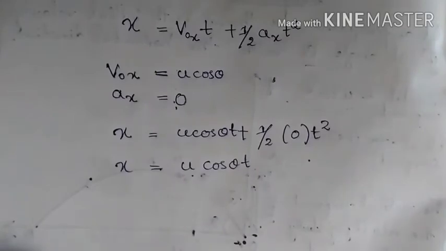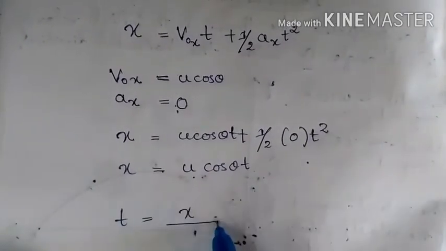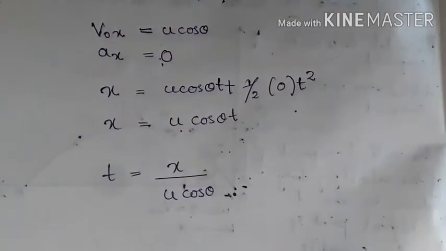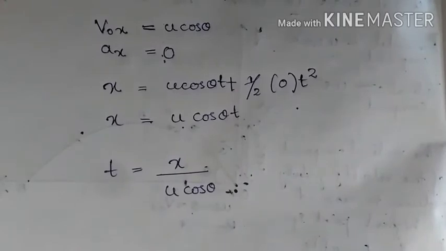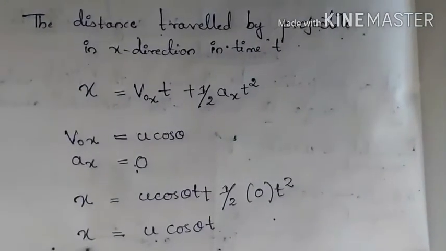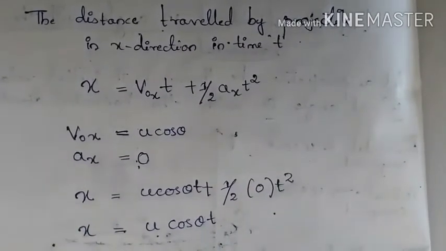Now if you want t, it will be x by u cos theta. So you got the first equation in your projectile motion, that is for the distance travelled by projectile in x direction. So this is the distance travelled by projectile in x direction.